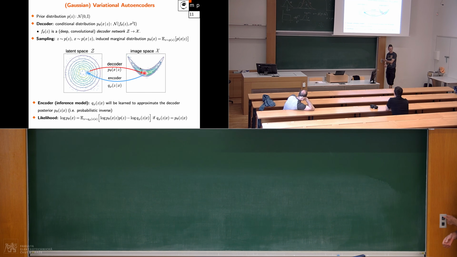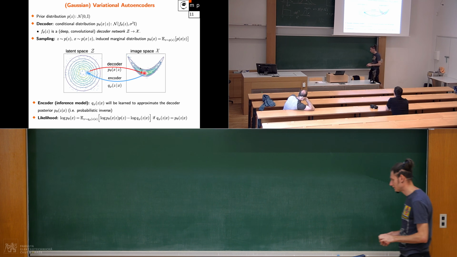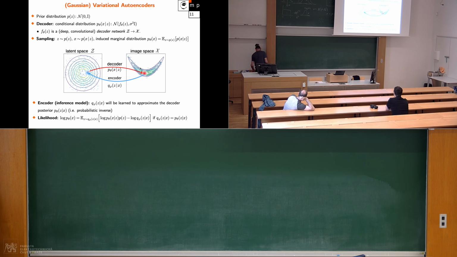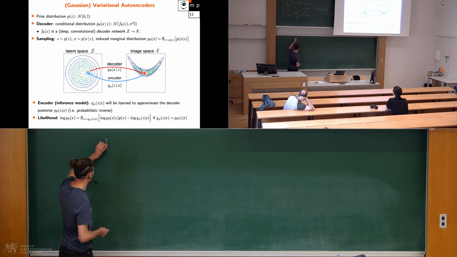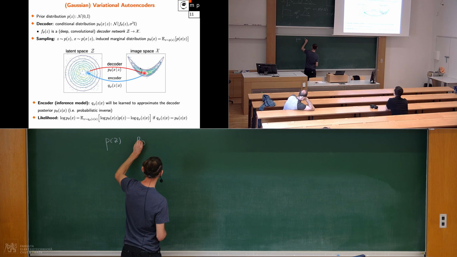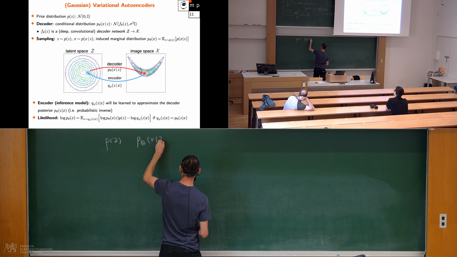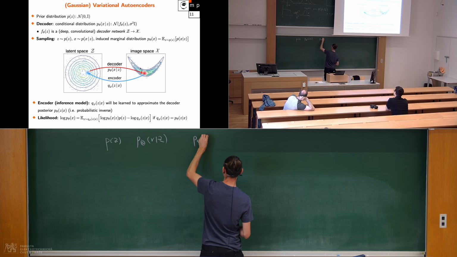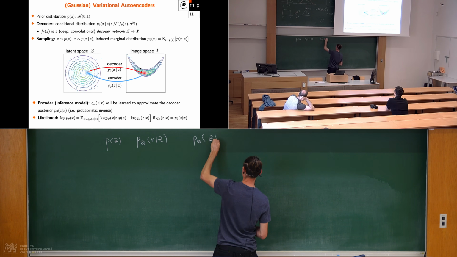Are you clear with what the posterior distribution means in this context? If we have P of Z and P theta of x given z, then what is P theta of z given x?